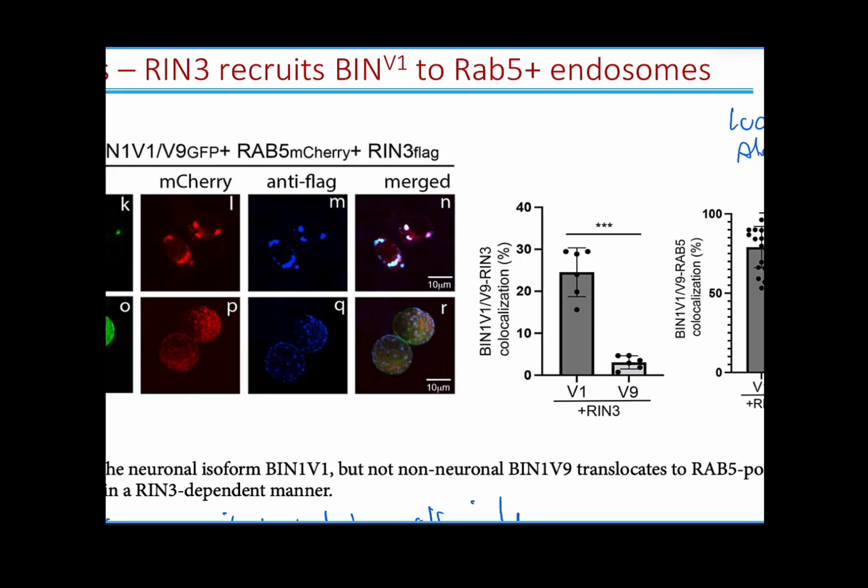So we've seen SH3 domains before in the context of BIN1, but trust me, BIN1 is not the only protein that has SH3 domains. So it could very well be that previous research has shown interactions between Rin3 and SH3 domains, and that leads them to, among the various domains that BIN1, both V1 and V9, have, the SH3 domain is sort of the most suspect, I suppose. No?